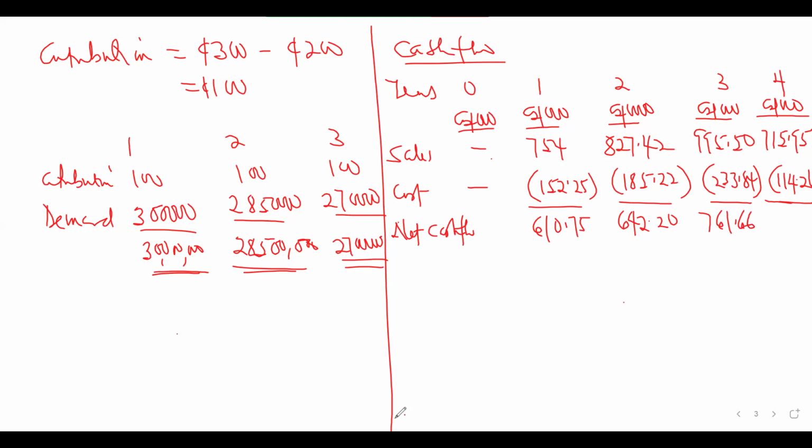What about the last one? 601.69. So the last one is 715.95 minus 114.26, which gives 601.69.